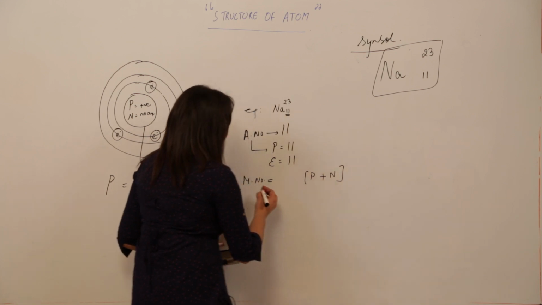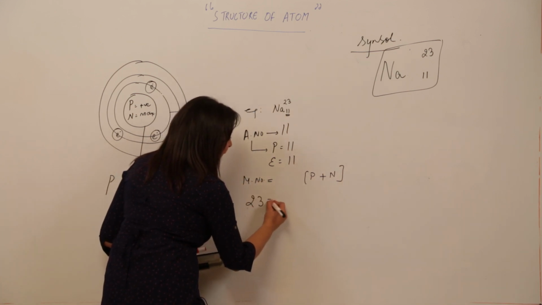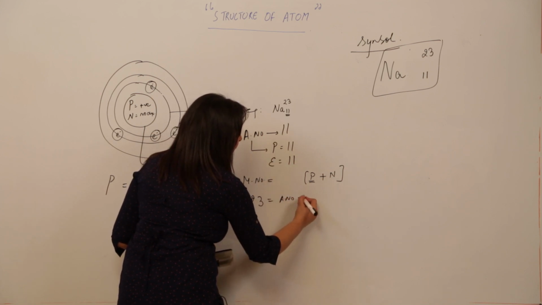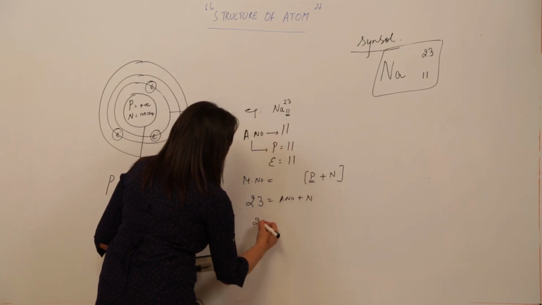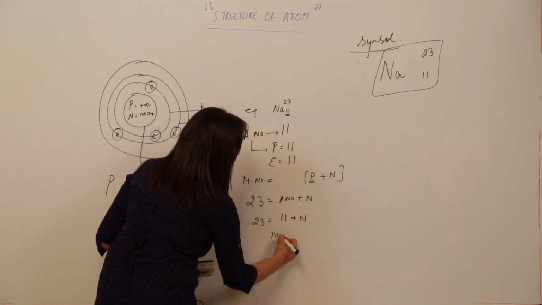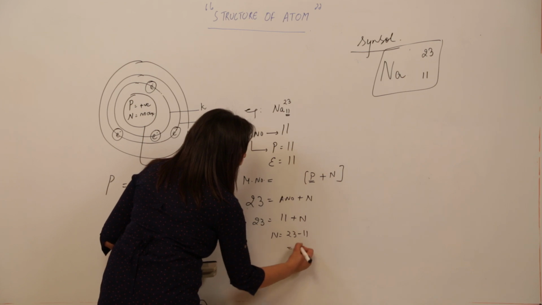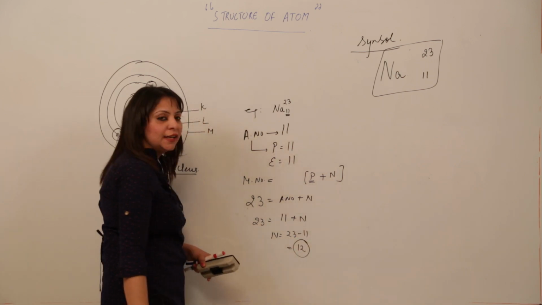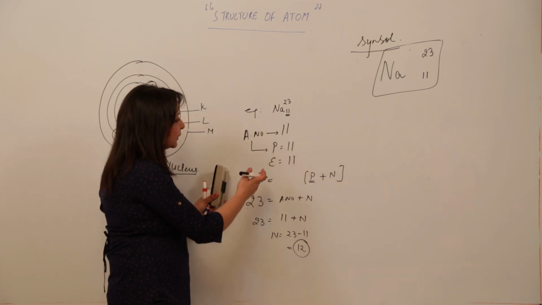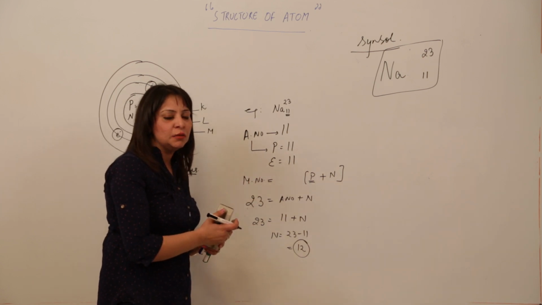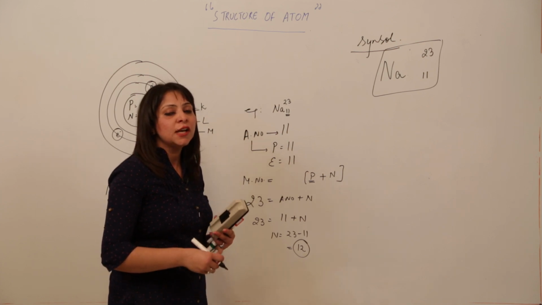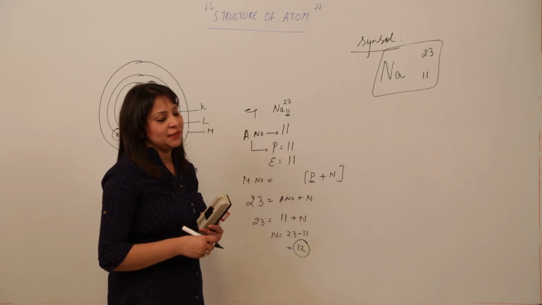This is how you can calculate the number of neutrons. Mass number 23, protons equal the atomic number 11, so putting in the values, the number of neutrons is 12. So this is the information conveyed by the atomic number and mass number: you can get to know the number of protons, neutrons and electrons in a particle.